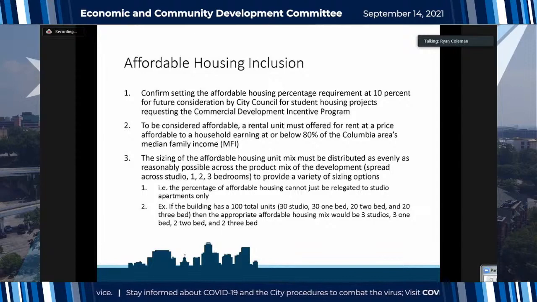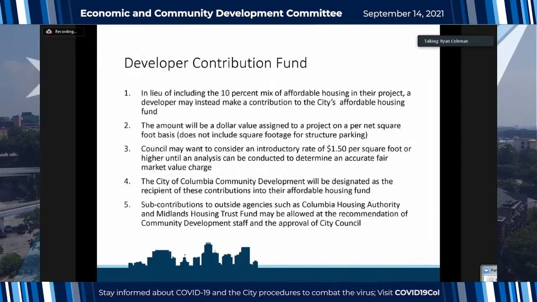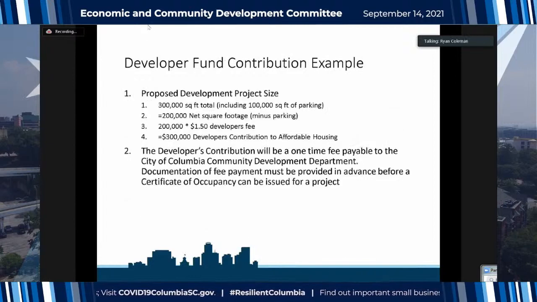Or the other model we looked at was the developer contribution, which would be a dollar cost assigned per square foot to their development project. So say you have this developer that comes in, they want consideration for the incentive. Say it's $1.50 per square foot, and they've got a proposed project.